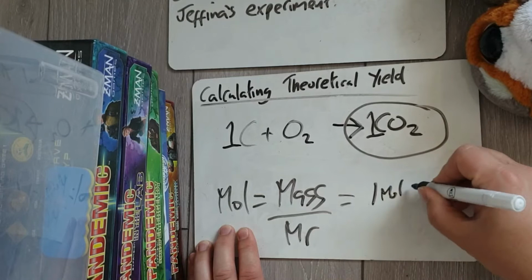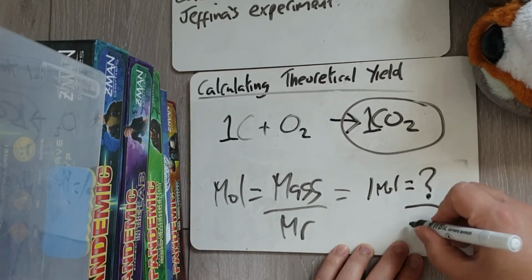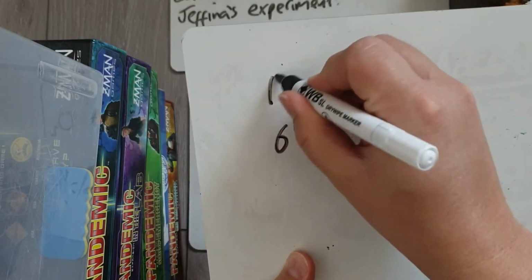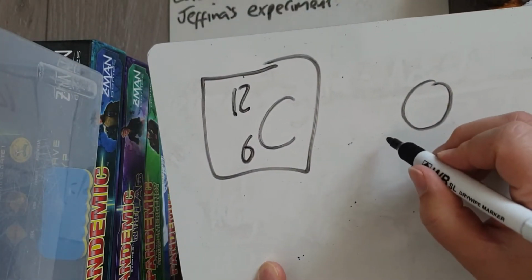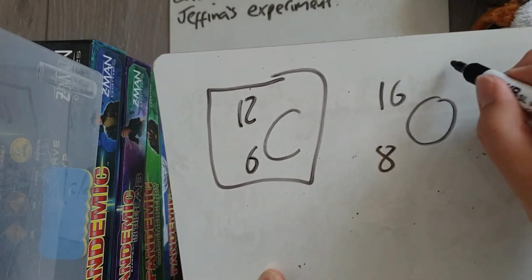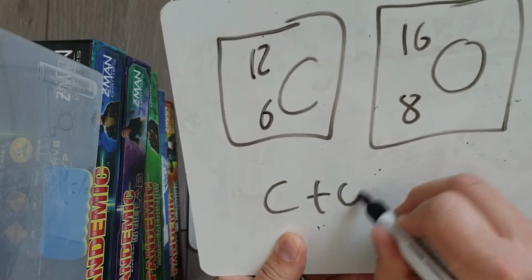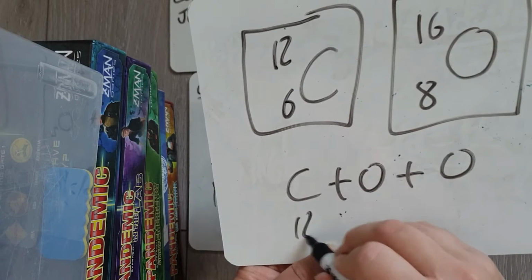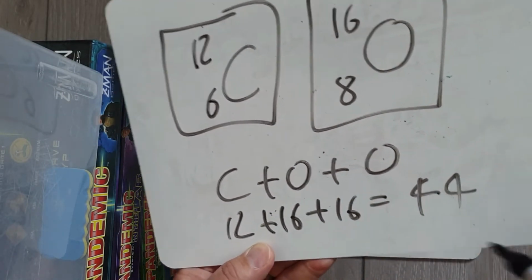So 1 mole equals the mass, which we don't know, that's what we're trying to work out, divided by the Mr. Carbon is that, oxygen is that, so it's CO2, C plus O plus O, so 12 plus 16 plus 16, which equals 44.